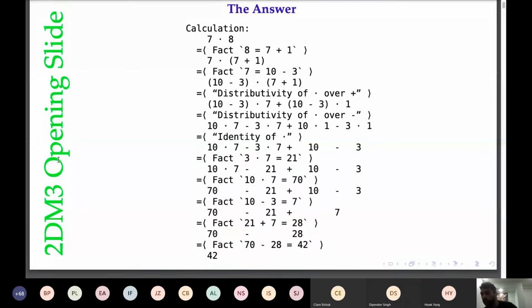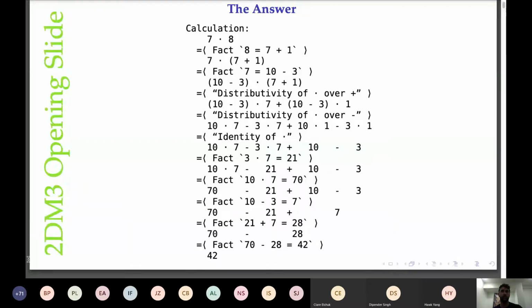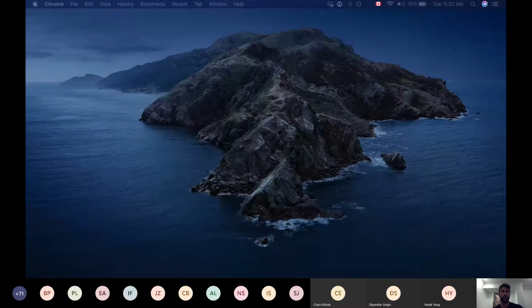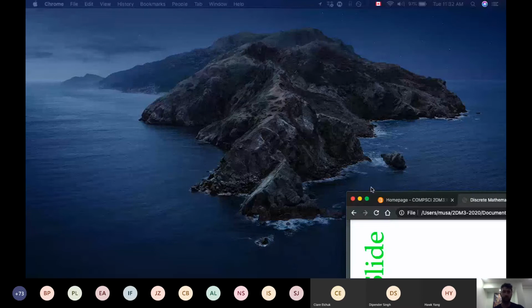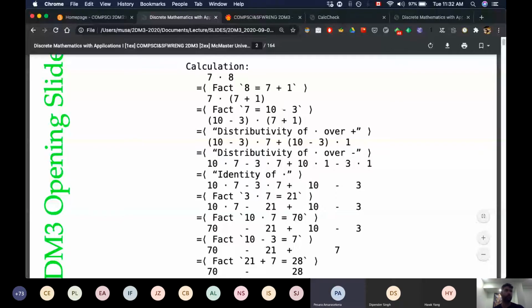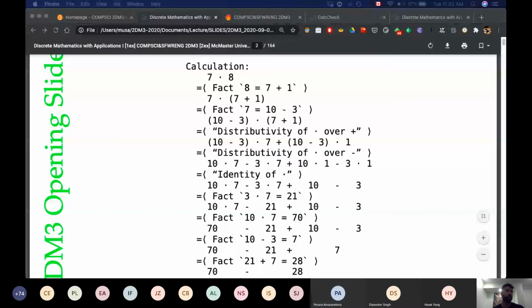I'm sorry, it seems we have more students who need to be admitted. One moment. Let's try to get everyone else here. Admit the people, and you can continue with the slide.